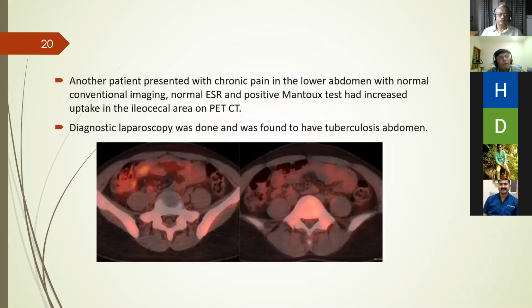Coming to another patient, with a normal ESR and a positive Mantoux test, who came with chronic abdominal pain with normal conventional imaging. The PET CT showed metabolically active uptake in the ileocecal area, and diagnostic laparoscopy showed tuberculous abdomen.